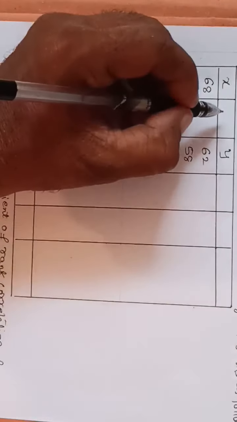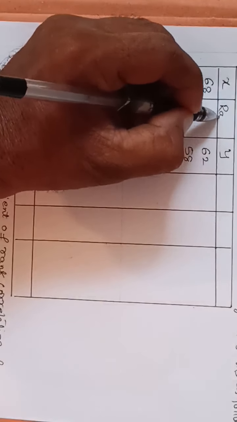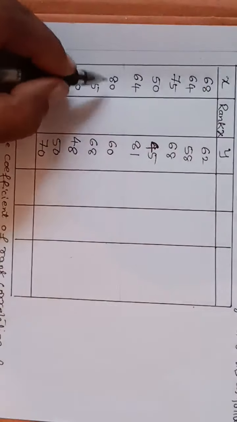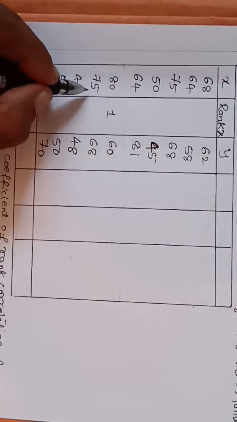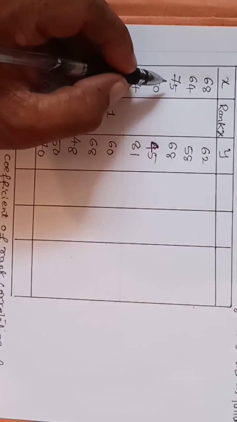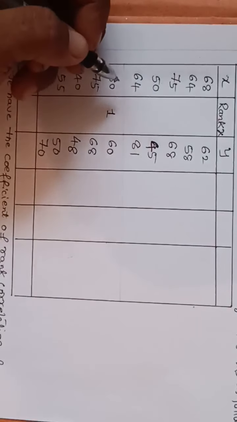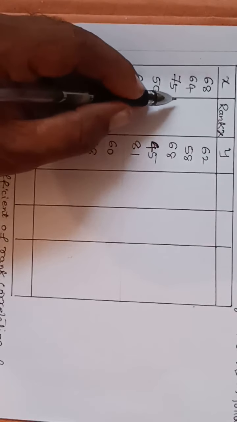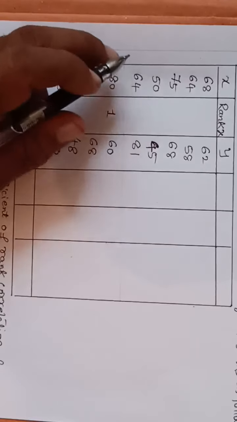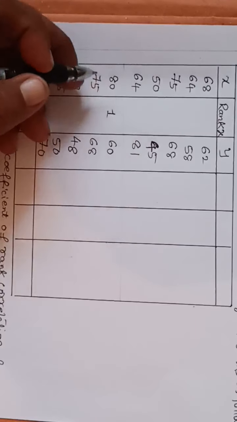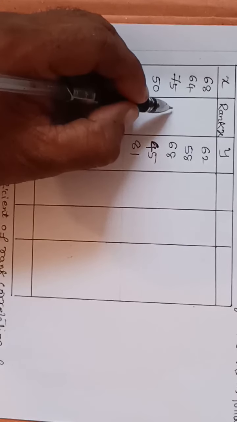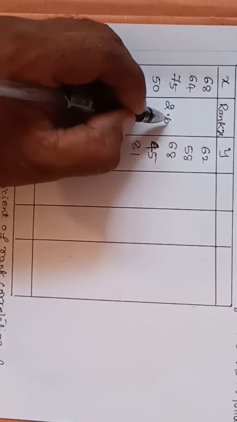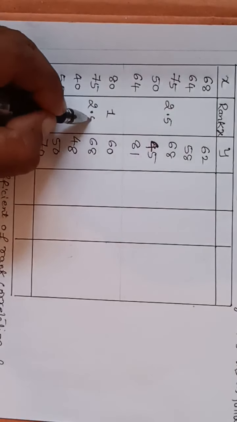I can write here rank of X. But 75 is repeated, so you have to distribute the rank: number 2 and number 3, so 2 plus 3 is 5, divided by 2, gives 2.5. So for 75, the rank is 2.5, and here also 2.5.